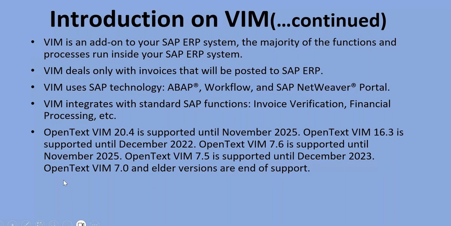We can see 7.0 versions are in end of support, and for 7.5 versions we have support till December 23, that is this year, and later we have 7.6 and above that are supported till November 2025. And yes, for HANA versions, we have 20.4 versions that are currently in use.